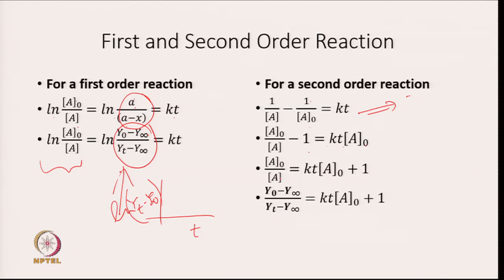So, we can write A0 by A is equal to kt A0 plus 1, and this we have already calculated in the earlier slide, and that is equal to (Y0 minus Y infinity) by (Yt minus Y infinity), and that is kt A0 plus 1. So, now we can just plot (Y0 minus Y infinity) by (Yt minus Y infinity) versus t to get the value of k.